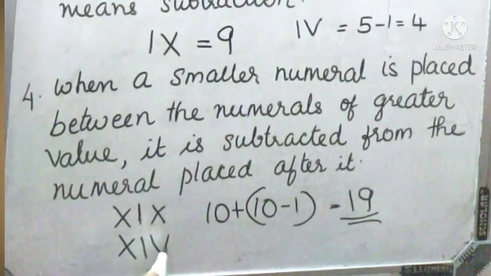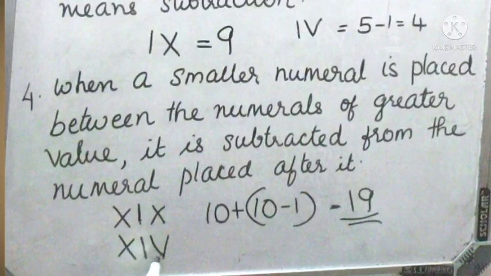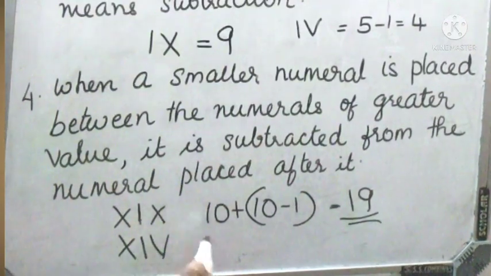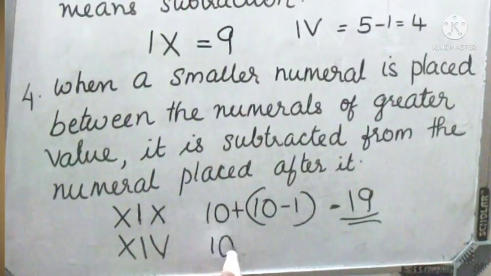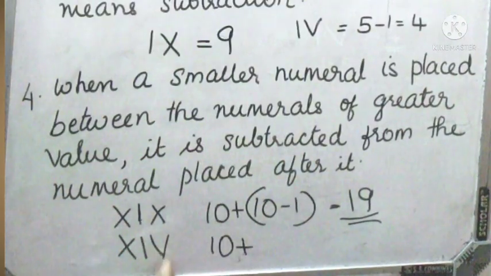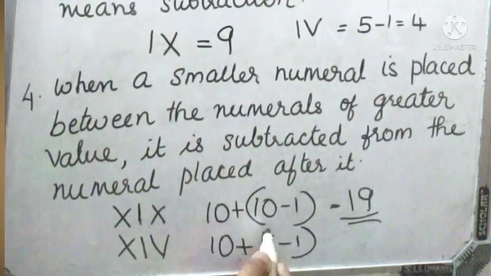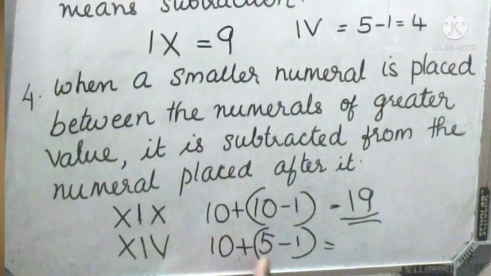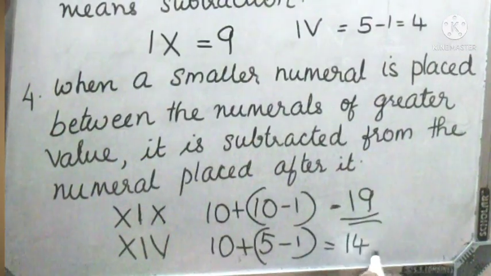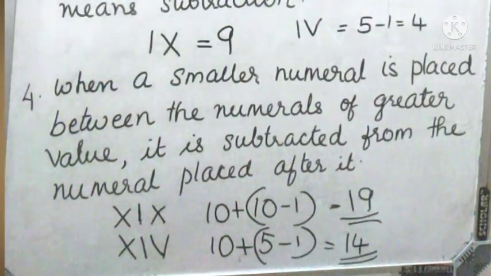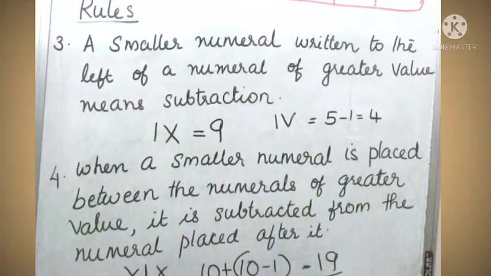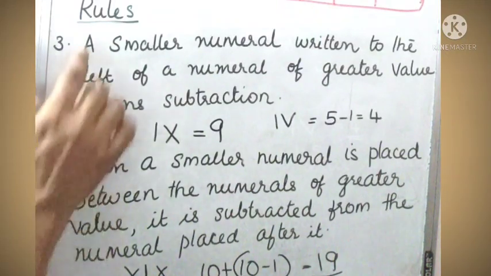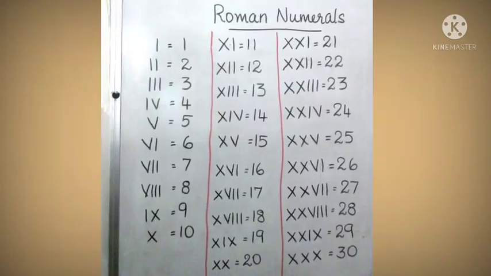That means this numeral is subtracted from this numeral. This means 10 plus, this is 5, 5 minus 1 is 4. 10 plus 4, 14. These are the 4 rules in writing the Roman numerals.